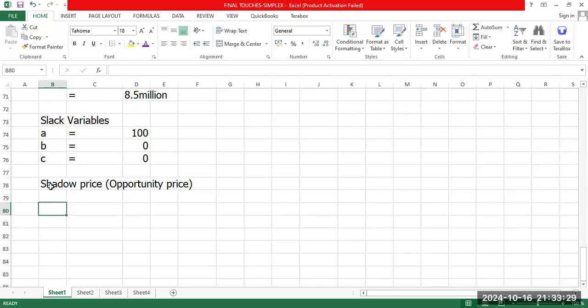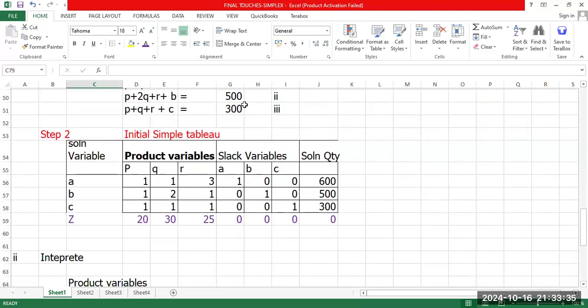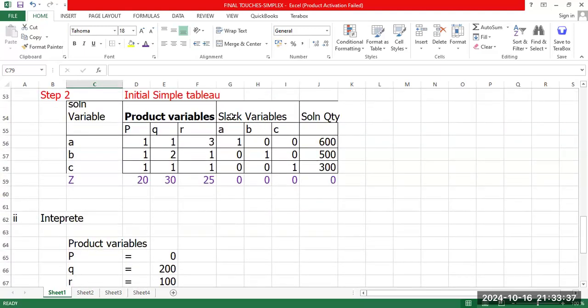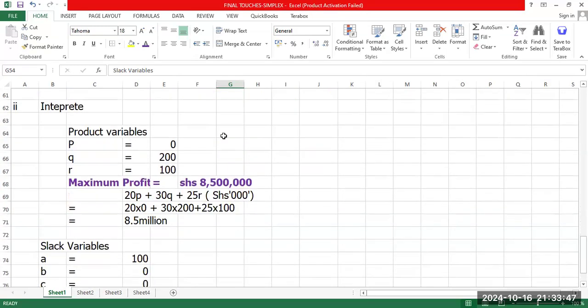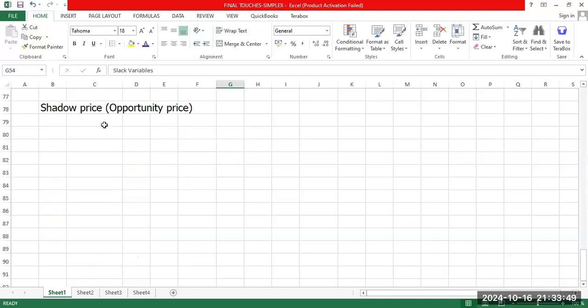And then shadow price, opportunity cost. How are you going to interpret this? Now, when you're interpreting shadow prices, what are you trying to interpret here?